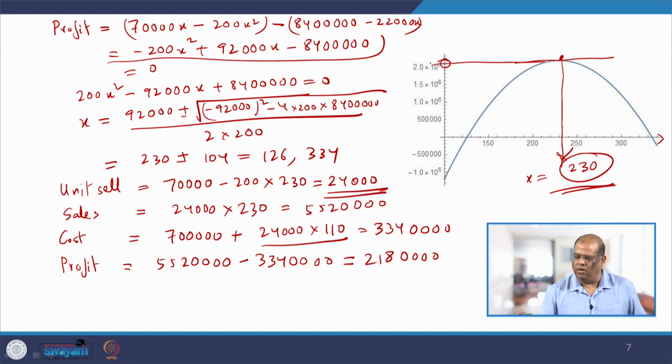This gives you the profit. So, the number is quite encouraging, and so one can go with this startup company for aftershaves and can make better or higher profit in the near future. So, that is another example where you use this quadratic modeling to solve the problem.